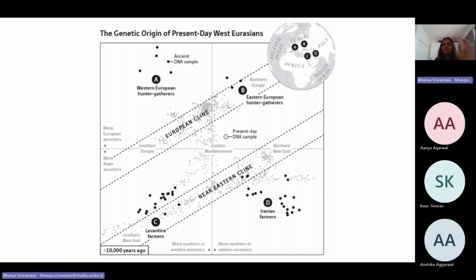So cline is basically a coming together of different genetic materials. You can see that these lighter gray ones are the Europeans, and the other lighter gray ones are the Near Easterners. These are the present day populations. And because they have commonality in their DNA, they formed an entire row, which is called a cline.